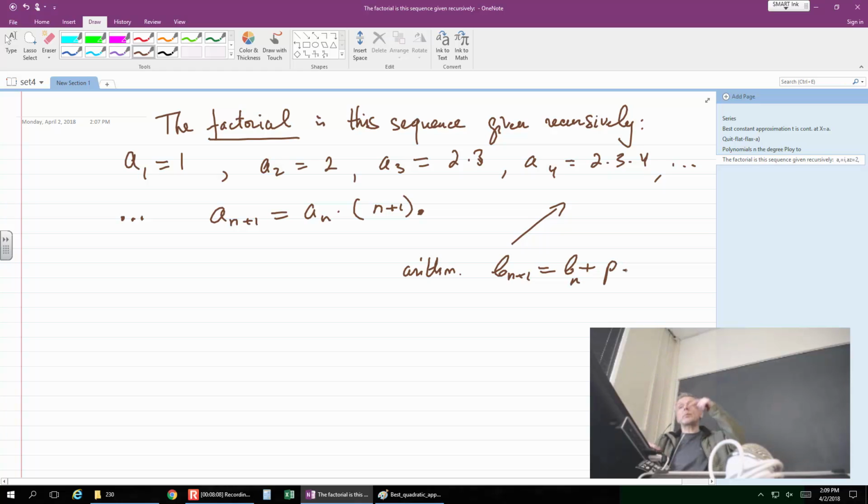So every time you progress, you add a number, like you deposit an amount of money every time. And geometric, you multiply by the same number, on and on.